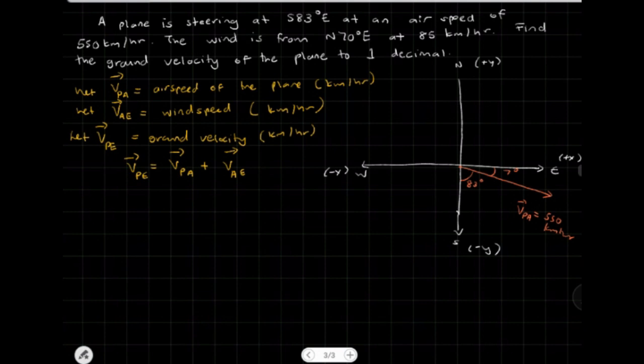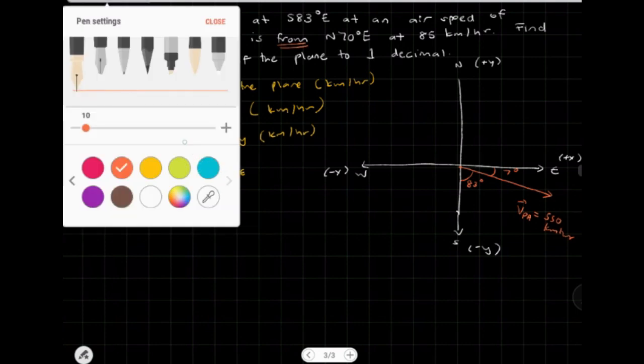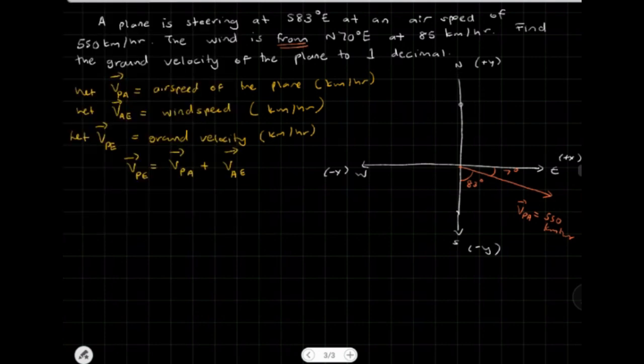Now we also need to look at the wind, and the wind is coming from, and this is a really important term, north 70 degrees east. First let's figure out what north 70 degrees east looks like. We start at north and go 70 degrees east, let's say somewhere here. But because the vector is coming from north 70 degrees east, it's actually going south 70 degrees west.